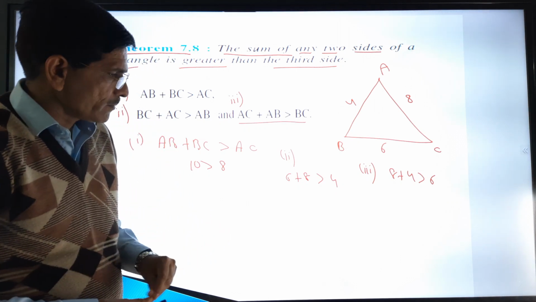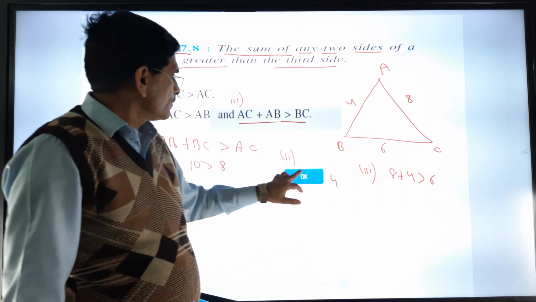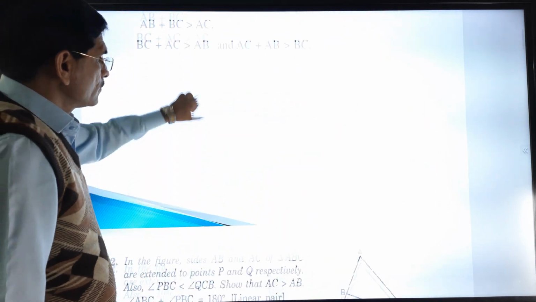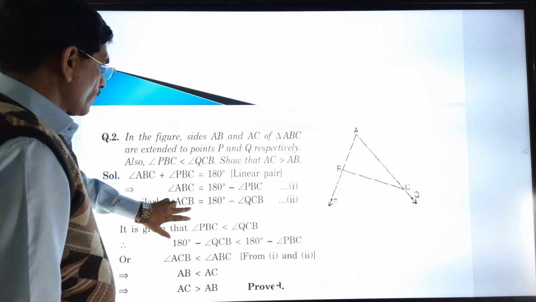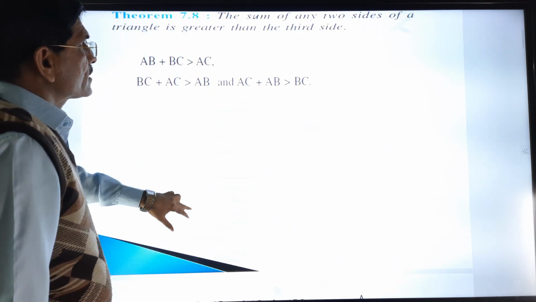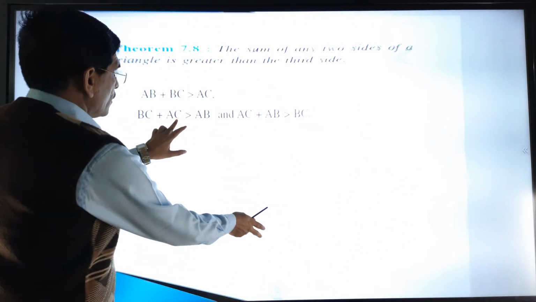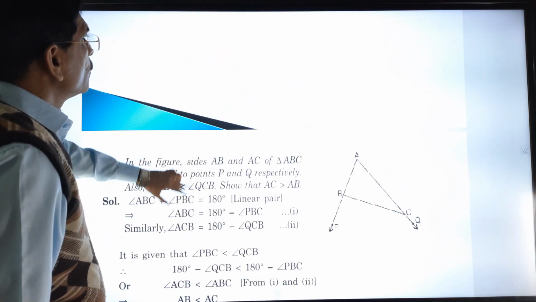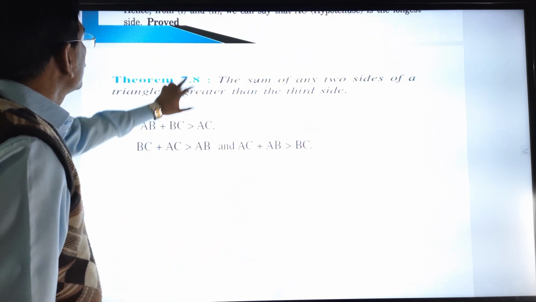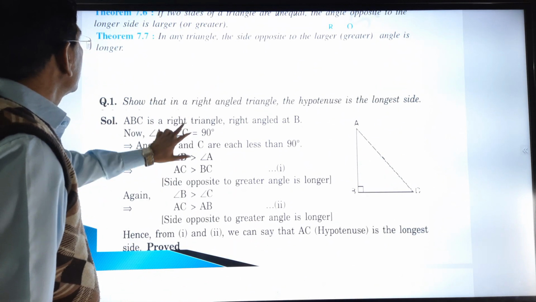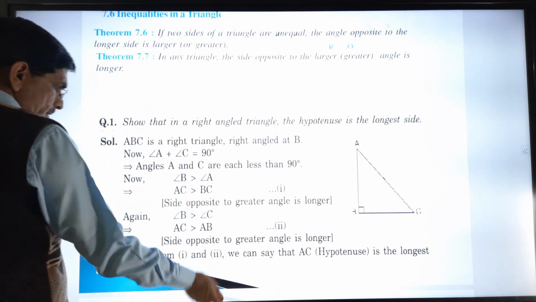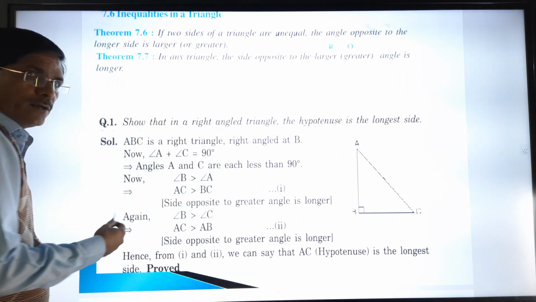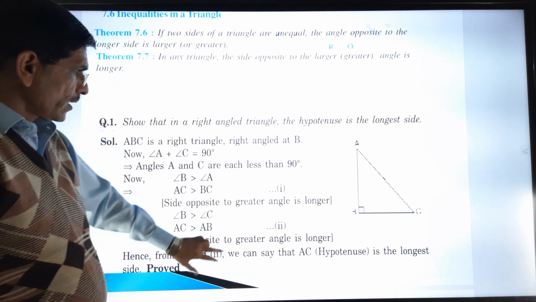Now exercise 7.4. Question number 1 we have already discussed.